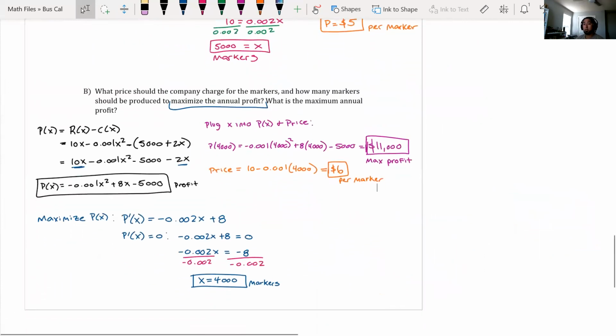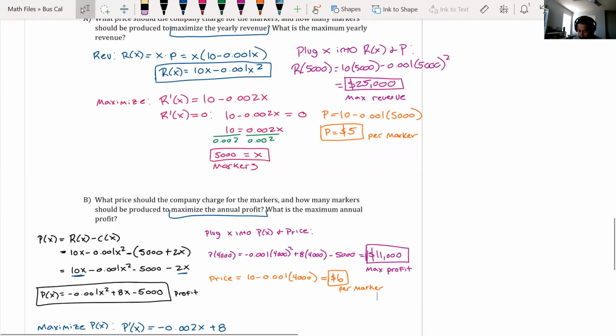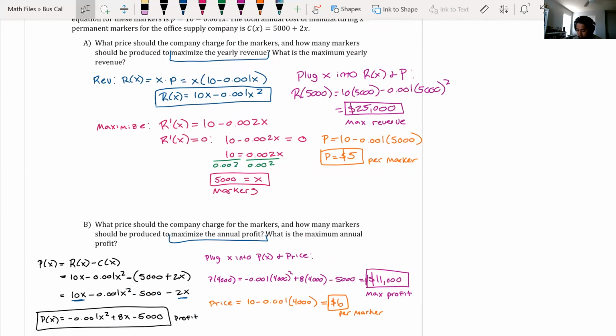Okay. And that's it. That's optimization part 1. We have more optimization on Wednesday, but any questions on this? In part A, it says to maximize revenue, you make 5,000 markers, but maximizing revenue doesn't necessarily mean maximizing profit.